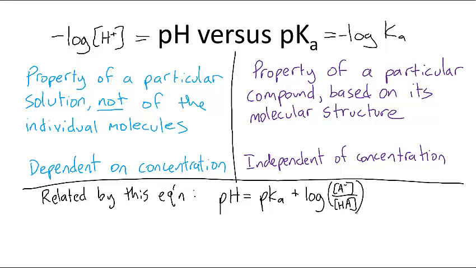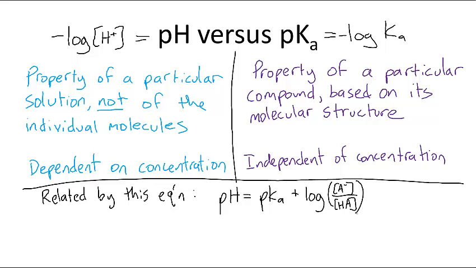So on your formula sheet, you'll see an equation that relates pH to pKa. And let's see, did I give it in the form they give it? No, I gave it in a different form than they give it. Oh no, I gave it in the form they give it. Perfect.